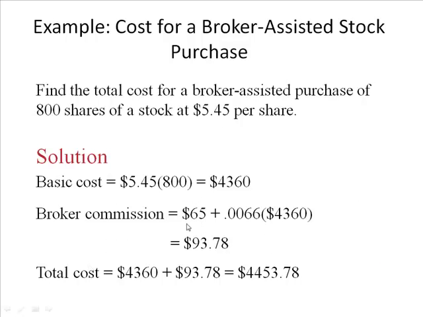So here's our $65. 0.66% of the principal, we must change to 0.0066 to calculate this. Our principal was $4,360. Our total commission is $93.78. So our total cost for this purchase is $4,453.78. You need to keep in mind all of these costs when you're trying to calculate percent of return.